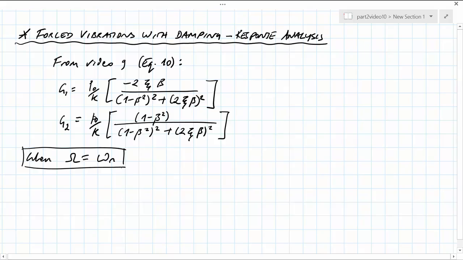Let us now focus on the response of the dynamic system for when the forcing frequency, capital omega, equals the natural frequency, omega n.